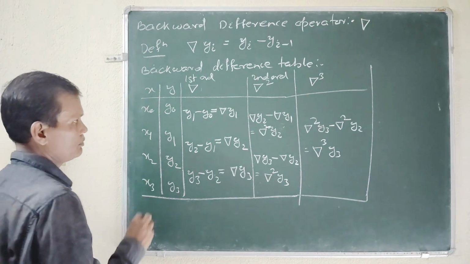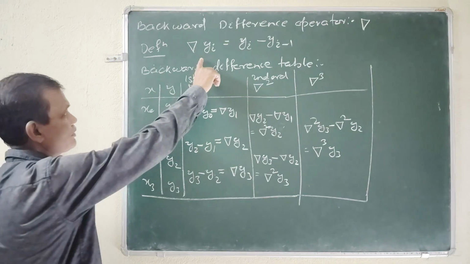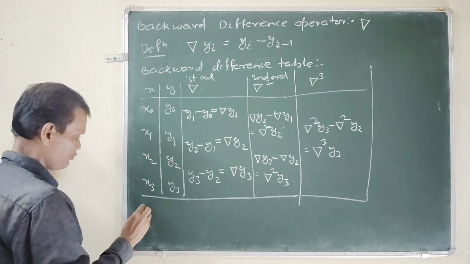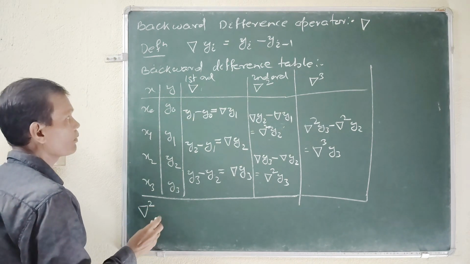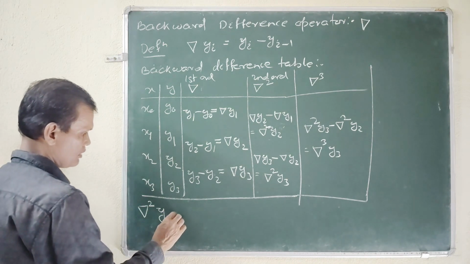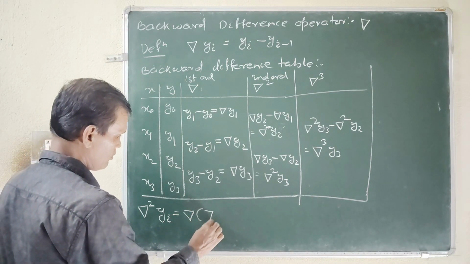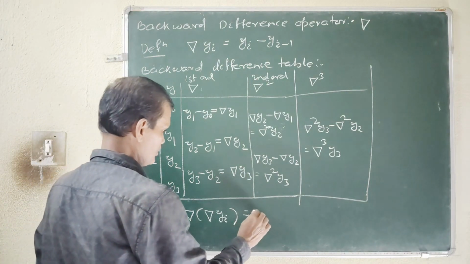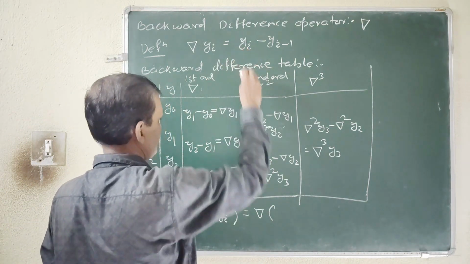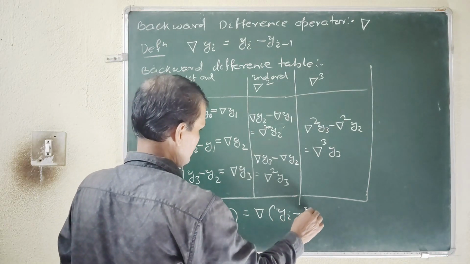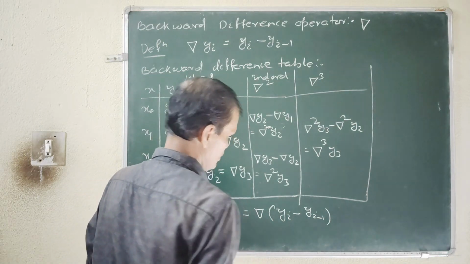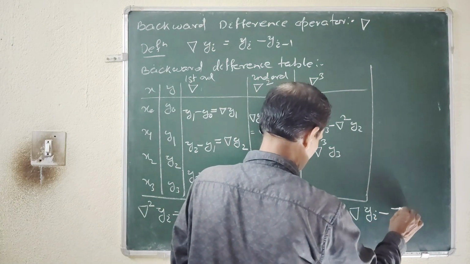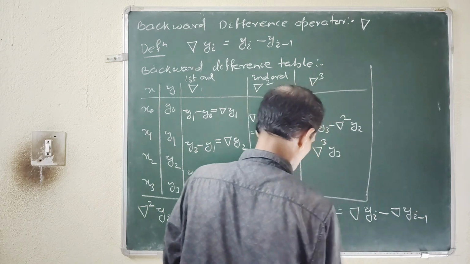Like our forward difference, here we have defined backward delta yi as yi minus yi minus 1. Similarly, if we write backward delta square yi, what does it give? That is backward delta of backward delta yi. But what is backward delta yi? It is yi minus yi minus 1. Using linearity, that is backward delta yi minus backward delta yi minus 1.